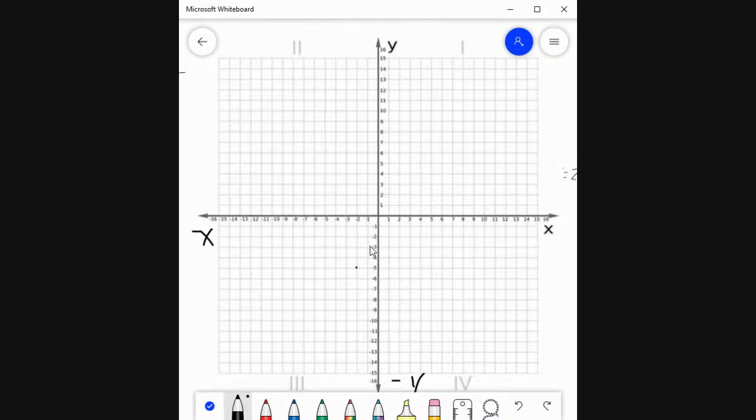Then we have -1 and -3. 0 and -1. 1 and 1. And then 2 and 3.